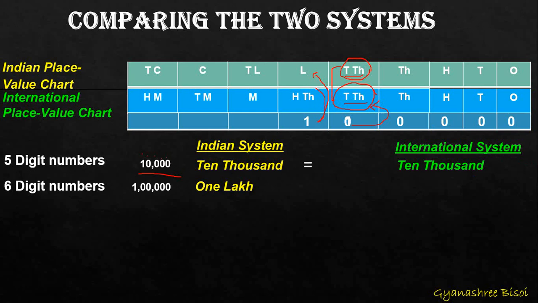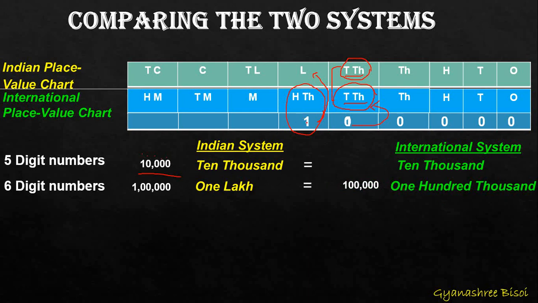See, in the international place value, the place of 1 is at the hundred thousands. So how are you going to read it? Because the number is not changing, only the arrangement and the grouping are changing, 1 lakh is equal to, how will you read it in the international place value system?